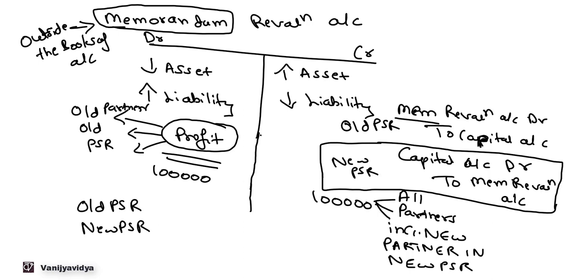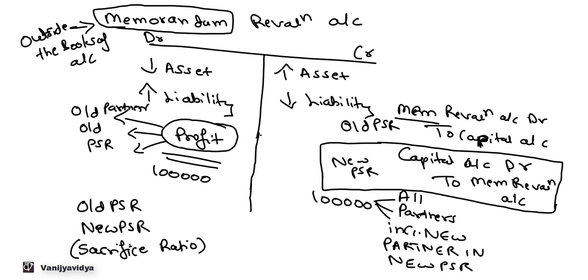So indirectly, what we have done is, we have distributed this profit in the sacrifice ratio of the partners.